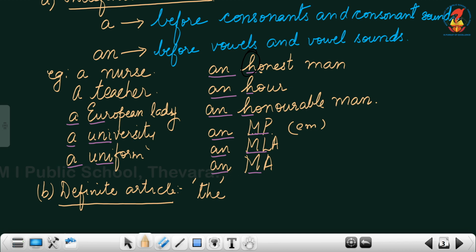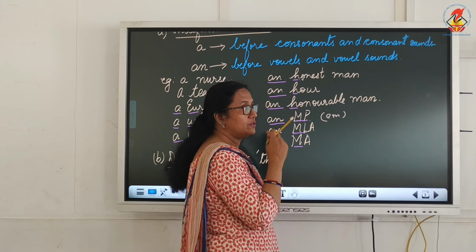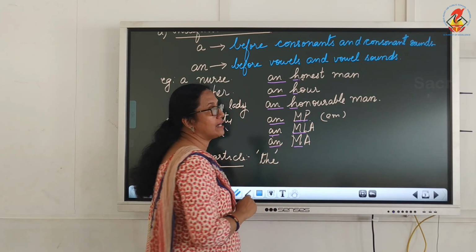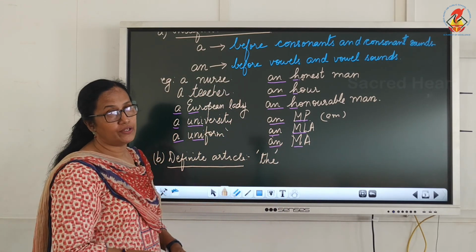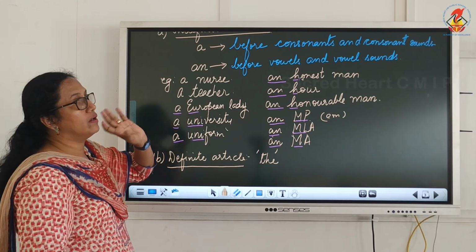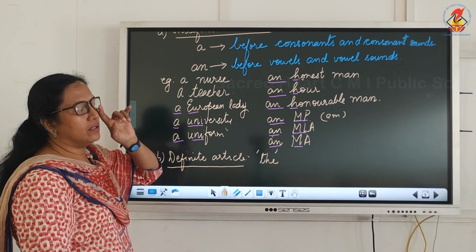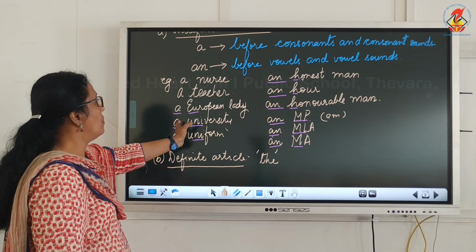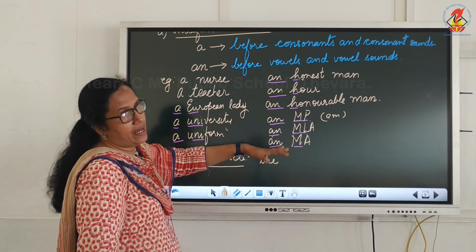Now the phonic sound for M is "m", but when you speak out the word, for all these three you get a vowel sound. That's why before them we put the article "an". So I hope children have understood why you have to put "a" and "an" before vowel sounding words and consonant sounding words.